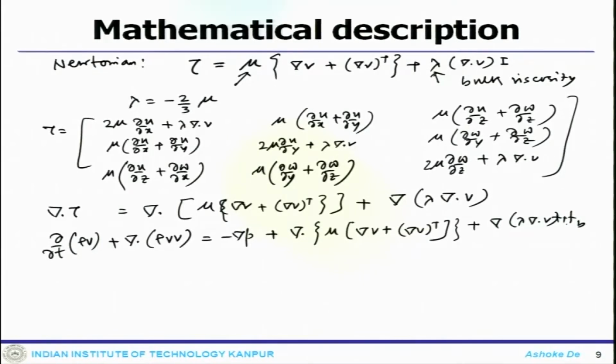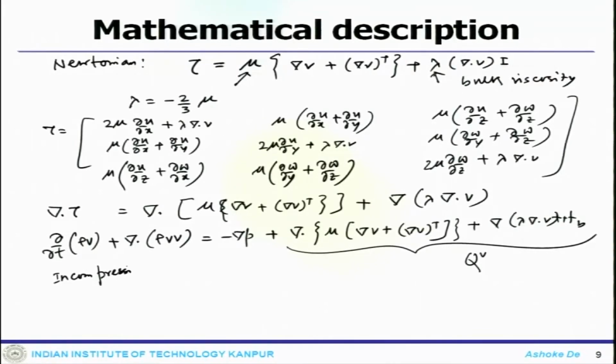So, this complete term you can say this is Q V, and I can simplify this equation for incompressible flow.